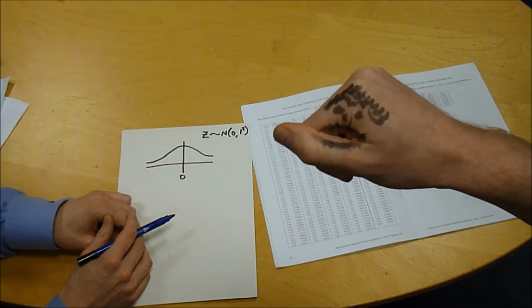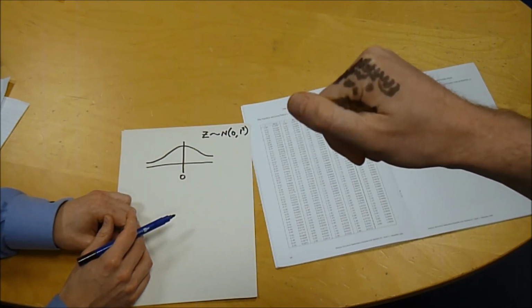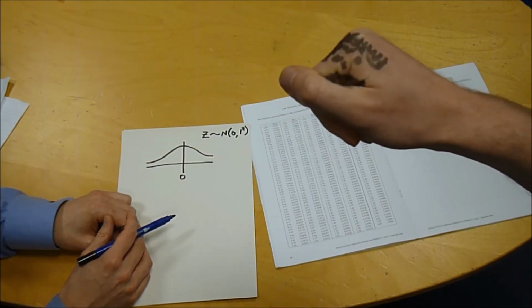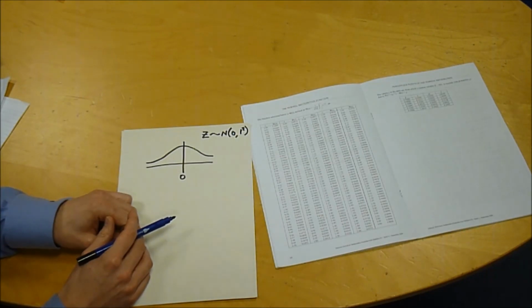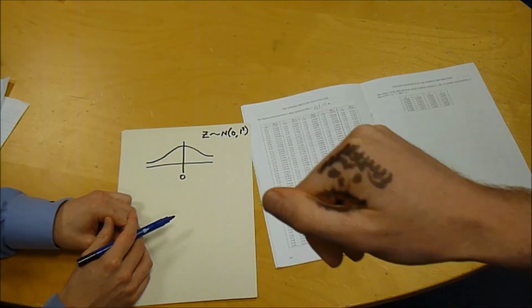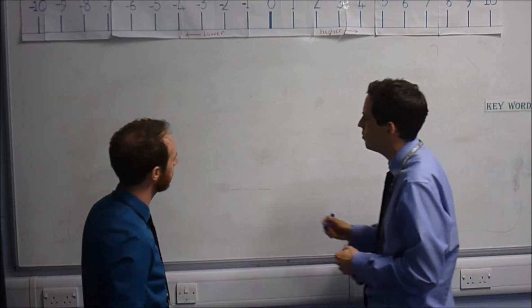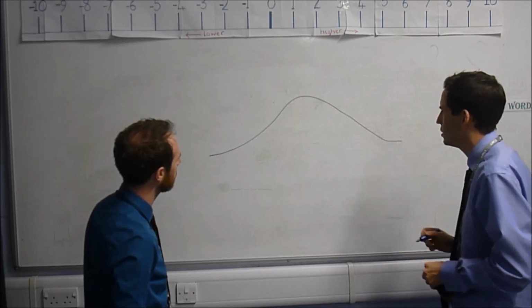Should we try it, or do we need to script it first? No, let's go for it. Okay. Nice one. Hello, I'm Mr. Newton. Boom. Dr. Young. Sorry. Okay, so, I mean, we know that the normal distribution looks a bit like that.